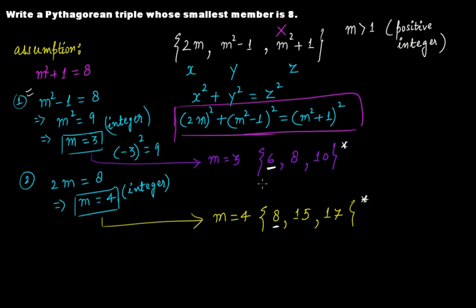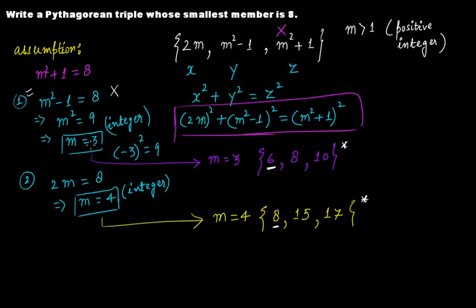So when you take m equal to 3, that gives you a Pythagorean triple, but in that triple 6 is the smallest member and not 8. That is why this assumption is wrong. And that is why it's important to check each and every member, each and every x, y, and z in this case.